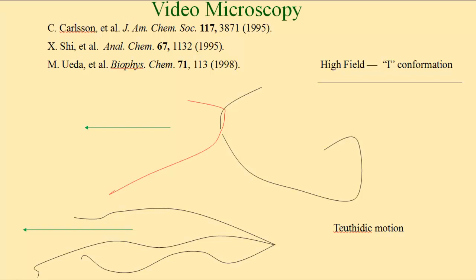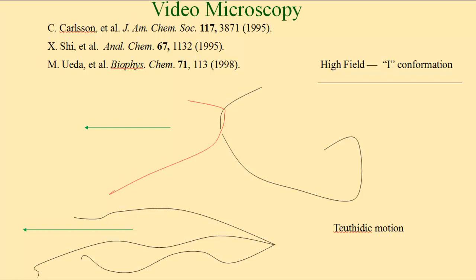If you had a star polymer, that's seen below, the arms of the star would reach out first, moving to the left. The center would follow behind. This is the motion seen by some, but not all, types of squids, the family of the teuthidae, and therefore we describe this as teuthidic motion, squid-like motion.